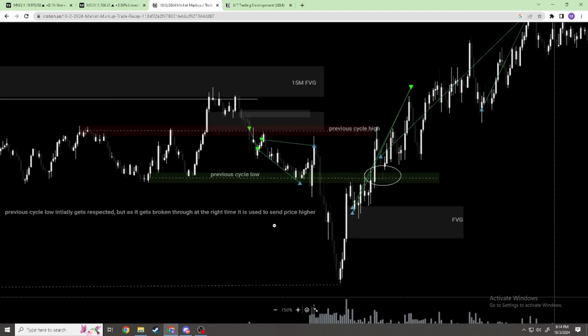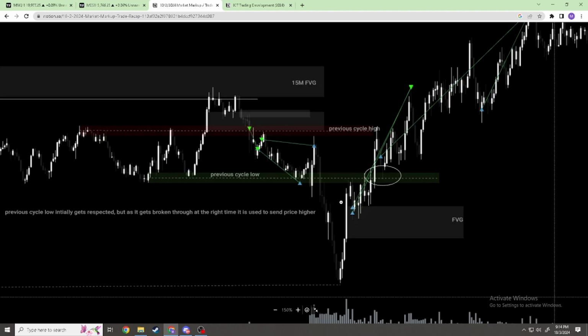And what do I mean by that? So as you see, I enter off this fair value gap because we have a change in state of delivery, because from this up close candle, this white candle right here, to the bottom of this candle would be considered one Judas swing.